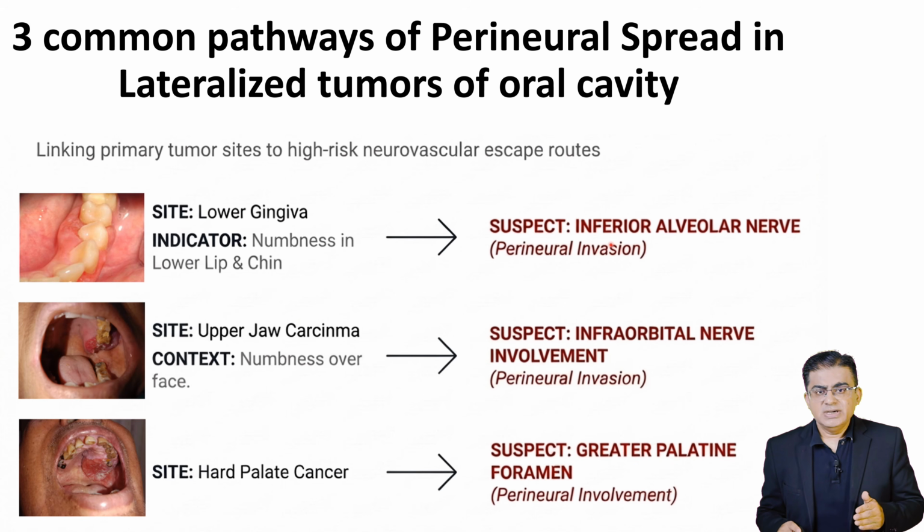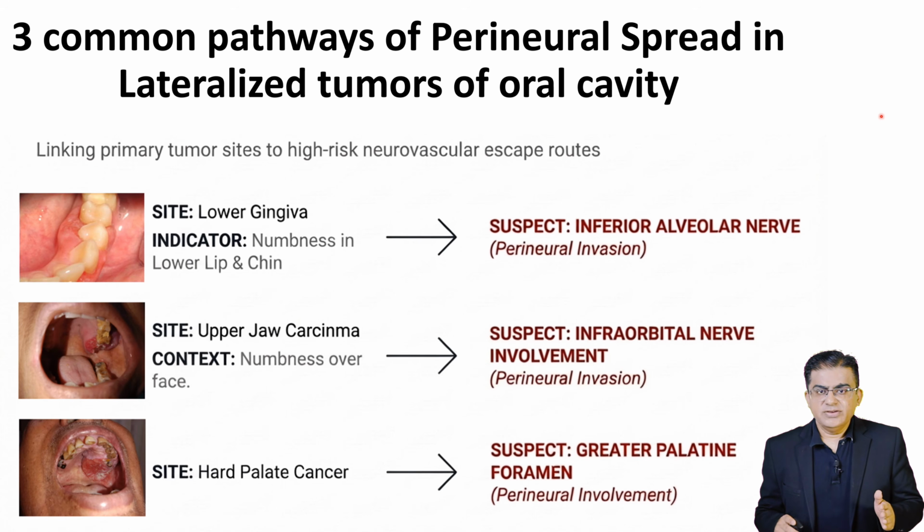I want you to burn these three scenarios into your memory, because your clinical suspicion has to start the moment you examine the patient, long before the patient ever enters the MRI scan. Let us go through them.